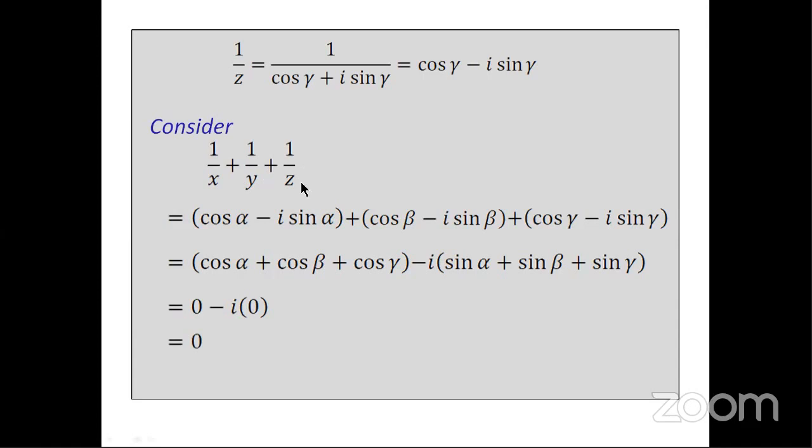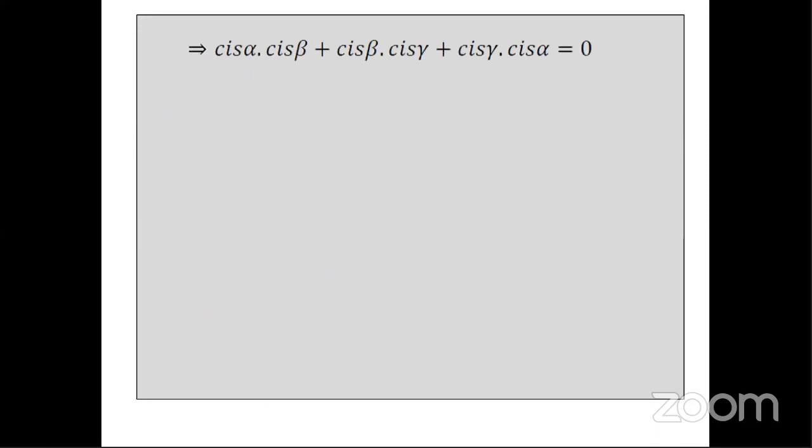That means when you simplify this statement, you will get xy plus yz plus zx is equal to 0. Now, you know what x, y, z values are, children. Just substitute in this statement. That means cis alpha into cis beta plus cis beta into cis gamma plus cis gamma into cis alpha equal to 0.